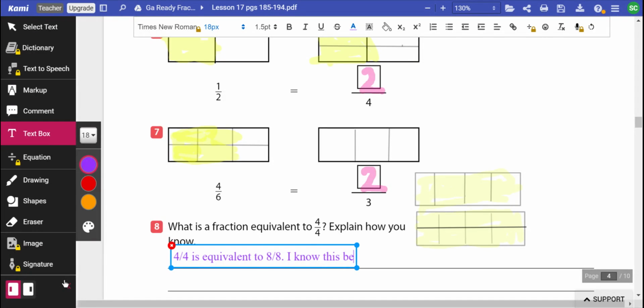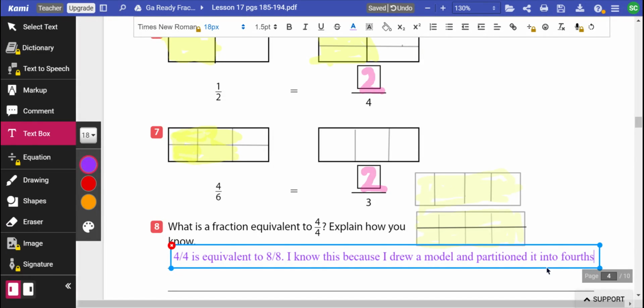I know this because I drew a model and partitioned it into fourths. And what did we do? We shaded.